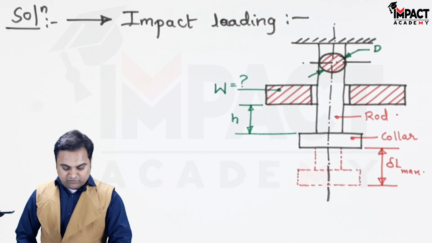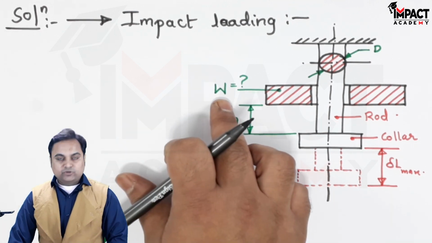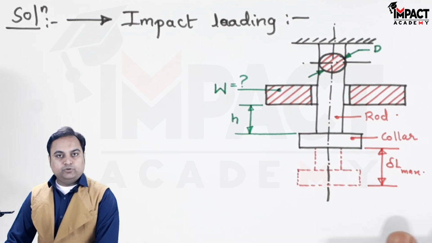So first I'll write the formula for the maximum instantaneous stress, and we have to remember that W is the unknown here, which we have to calculate. How much is the amount of load falling onto the collar?